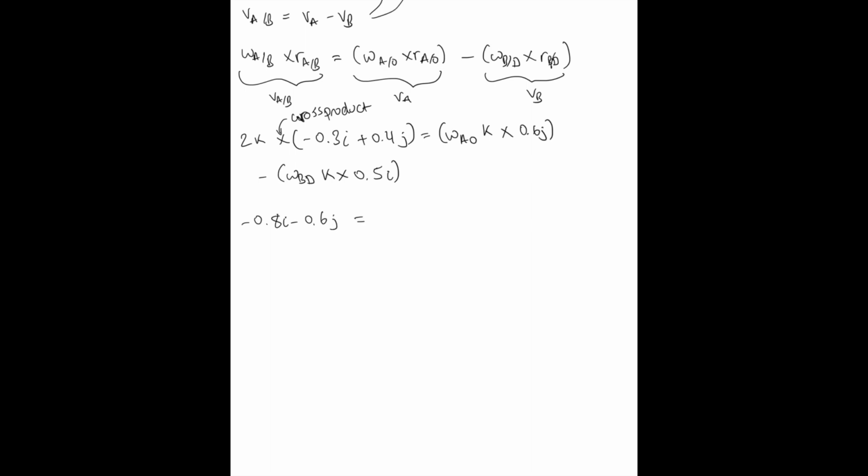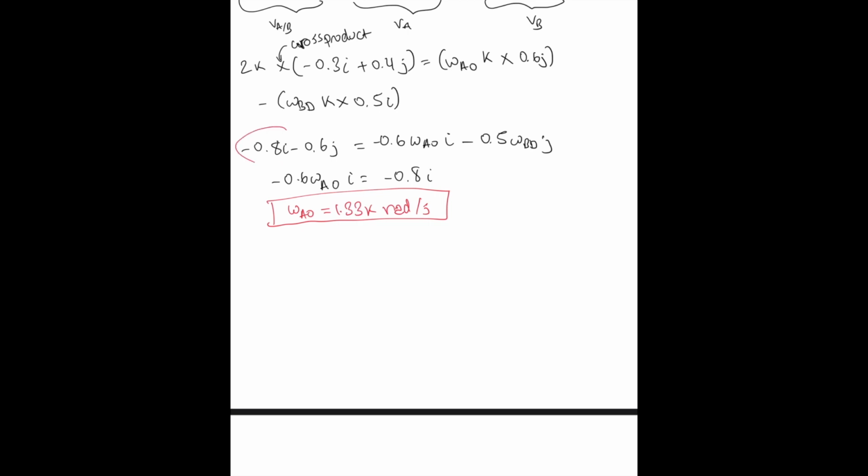We end up with minus 0.8I minus 0.6J equals to minus 0.6 omega AO I minus 0.5 omega BD J. And if we simplify it even further, we get the relation of the angular velocity of link AO, which is 1.33 k radians per second.